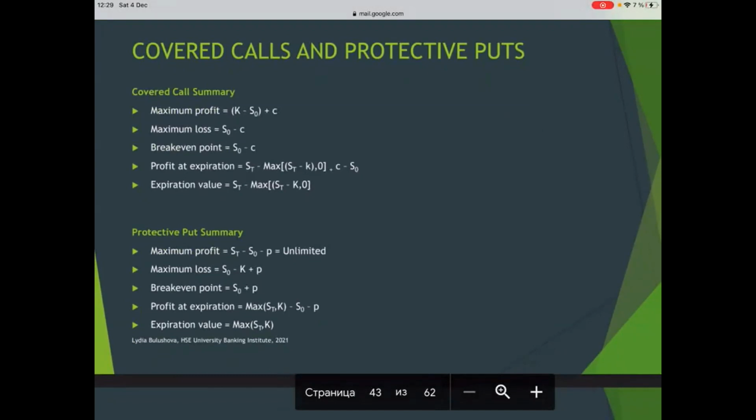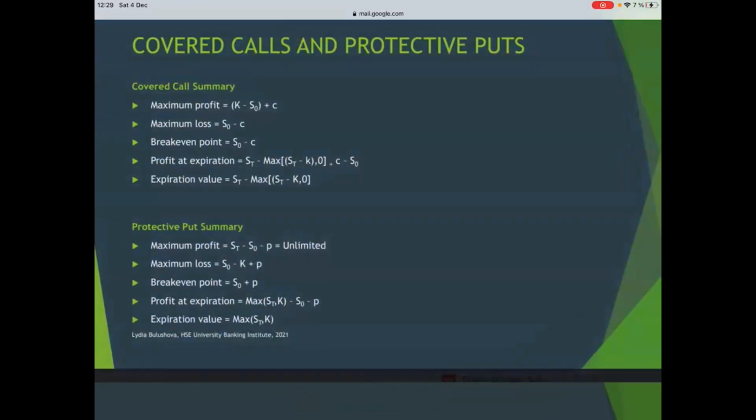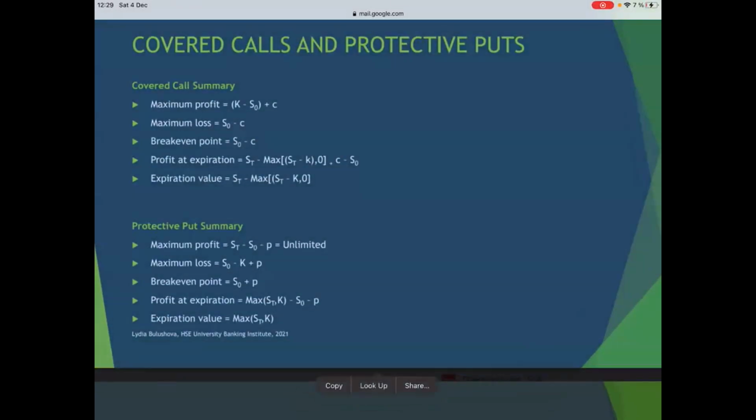These formulas are very simple indeed, because a covered call is what you get from a call and an asset, and a protective put is what you get from a simple put and an asset. It's just a linear sum of having an asset and having a put. There's nothing different. And basically all the rest of the options strategies and combinations are built according to the same principle. It's just a linear sum, an algebraic sum.